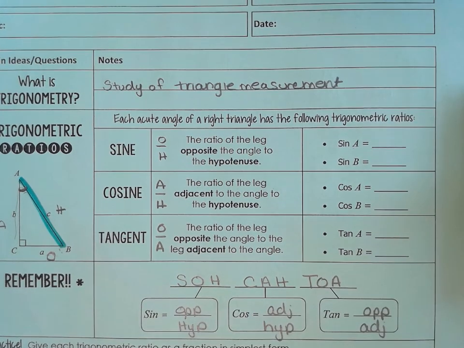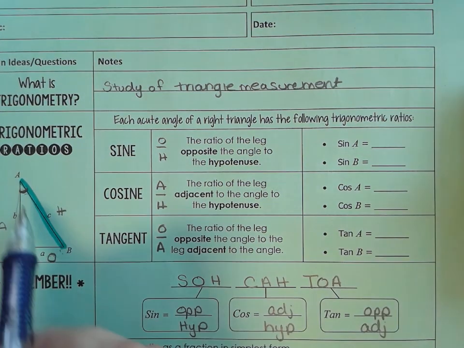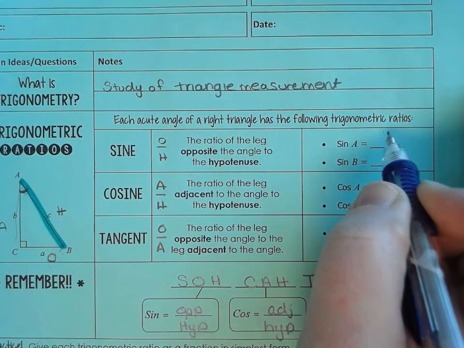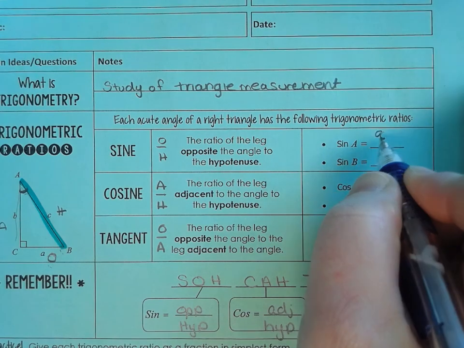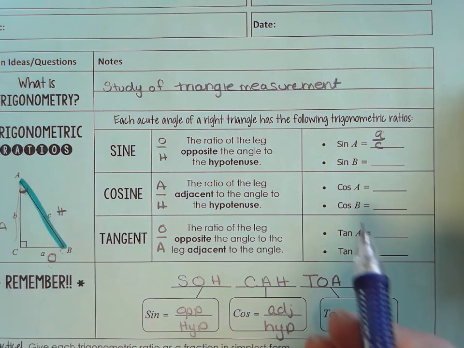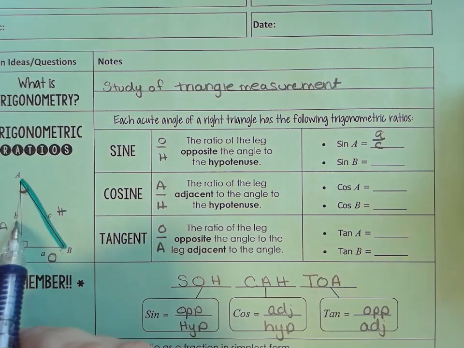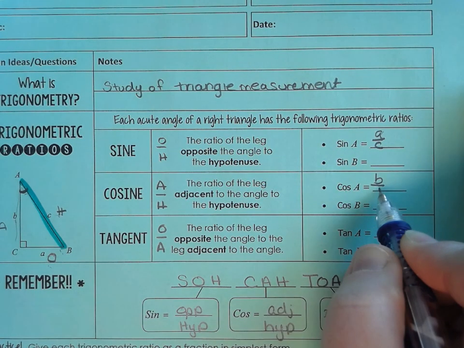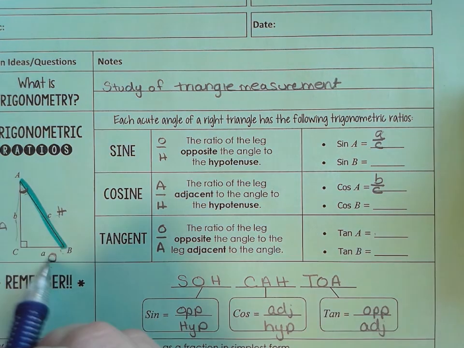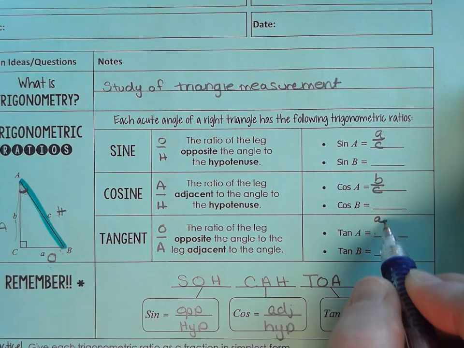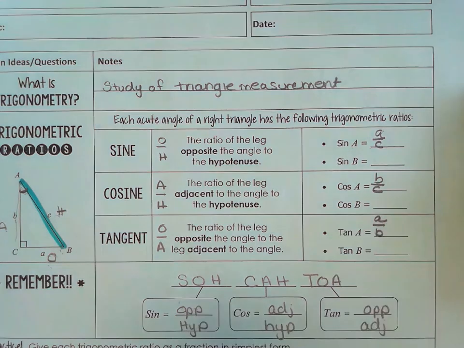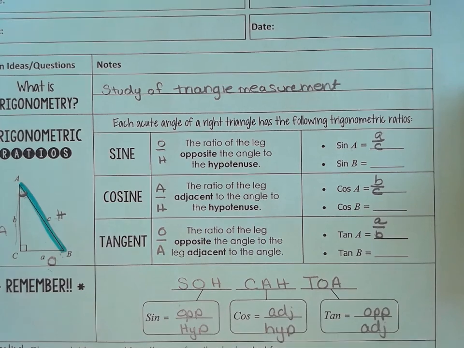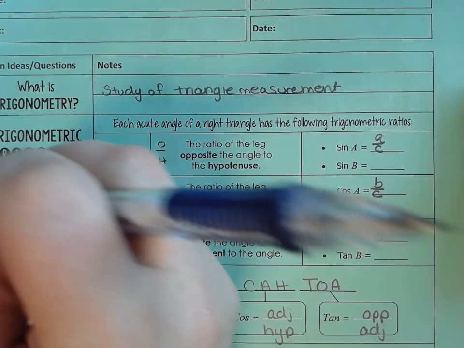So if we're talking about A, the sine of A is opposite A over C. The cosine of A is adjacent over hypotenuse, which would be B over C. And the tangent of A is opposite over adjacent, which is A over B. Okay? Now, when we're looking at our other reference angle, we have to look at it differently.